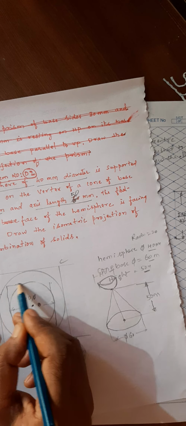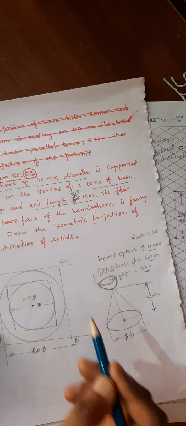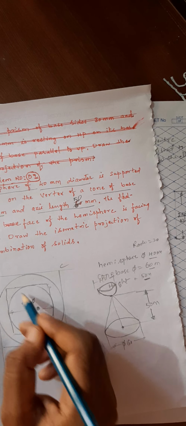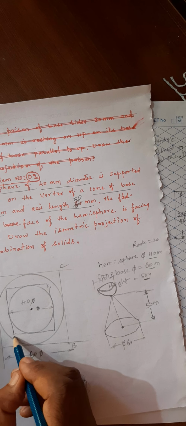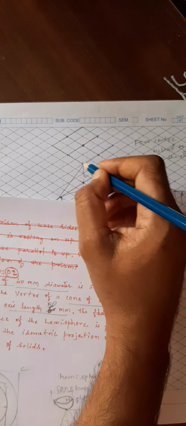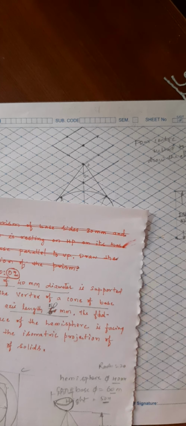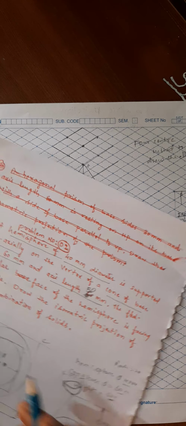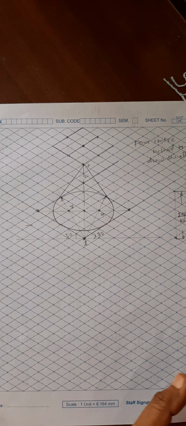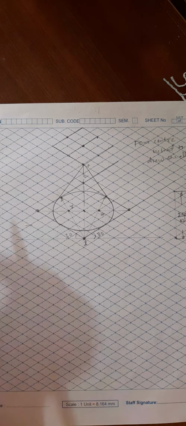Now see here, this also enclosing is also a square. So that's why the isometric projection of this square, now this corner A, like this. Then we have to draw the isometric projection of the circle. Again the 4 center method.